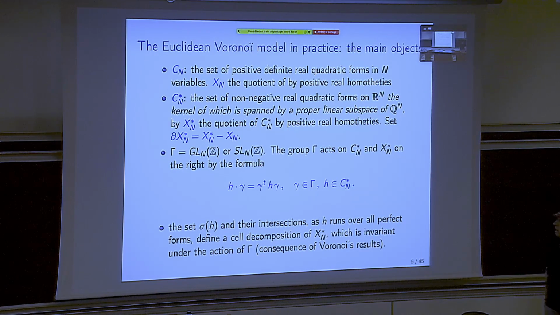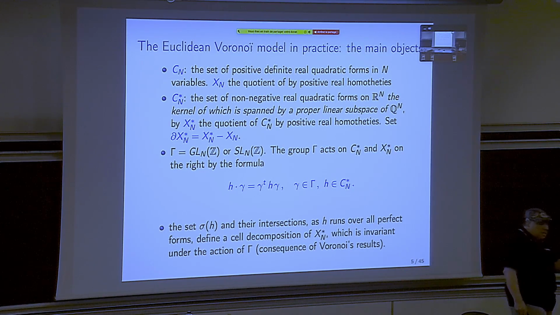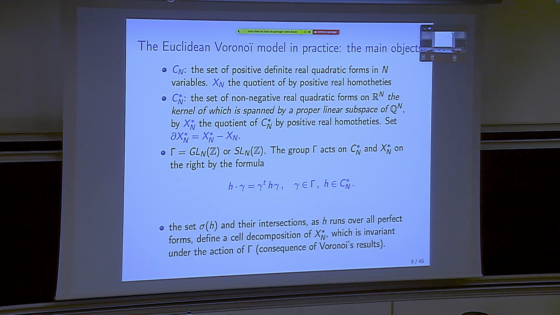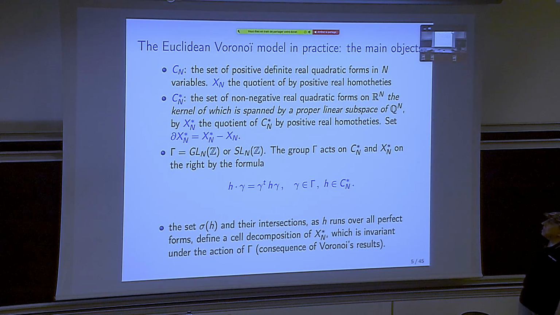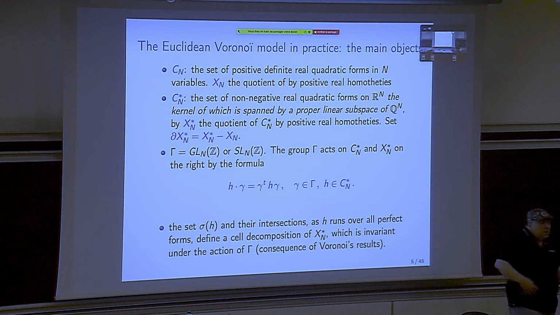Again, we are working with two spaces, one which is the ideal one, the set of positive quadratic forms, quotiented by real positive homotheties, X_n. We would be happy to work with this space, but unfortunately for it we do not have a nice cellular decomposition. So we need to build something for which we do have a cellular decomposition.